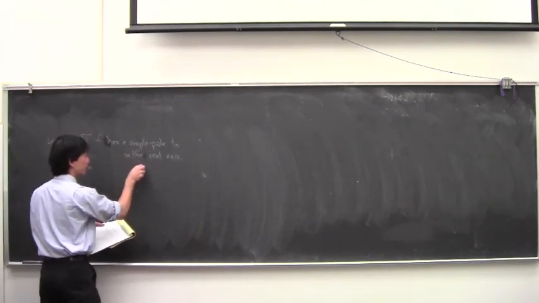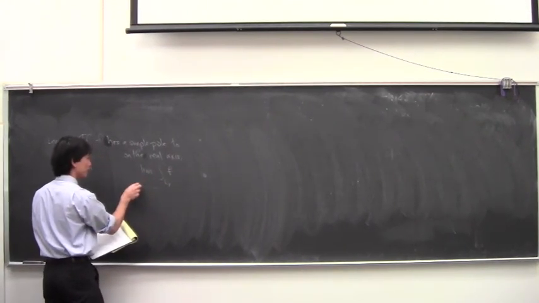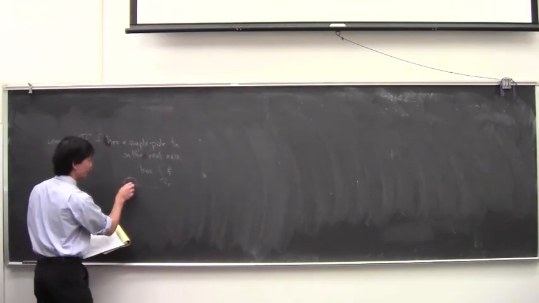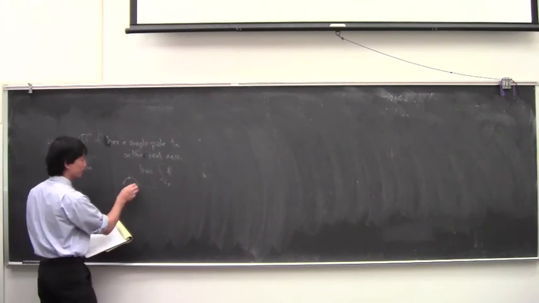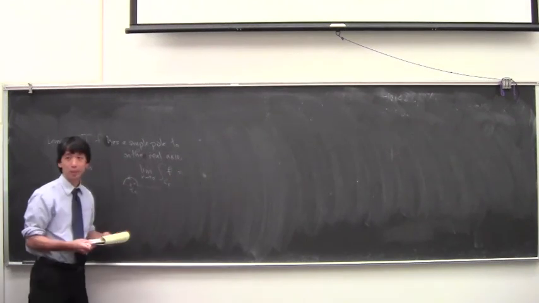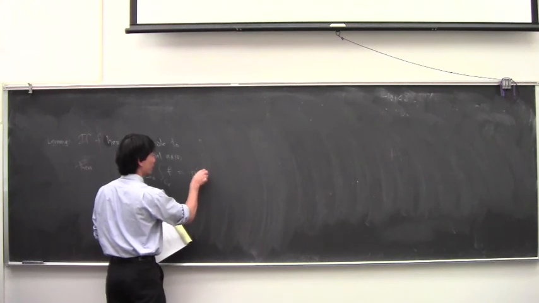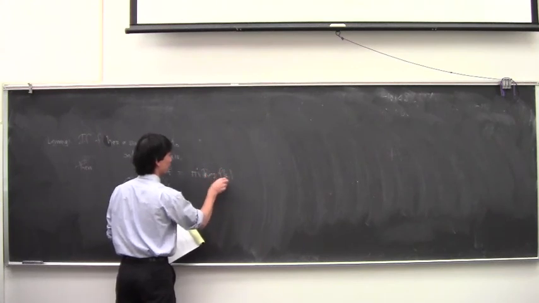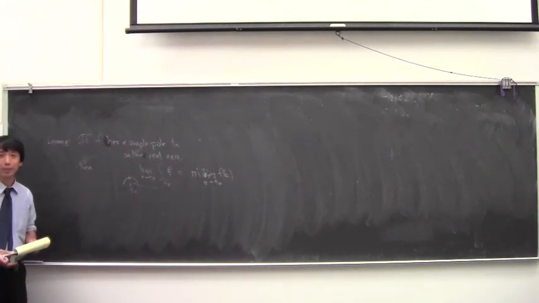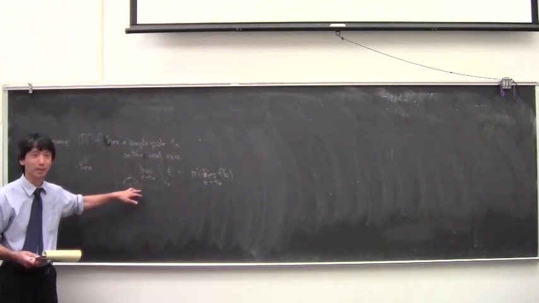Then the limit of the integral over C sub r of f, where C sub r is a curve of radius r, as r goes to 0, picks up half of what you normally get, half of the residue at that point.